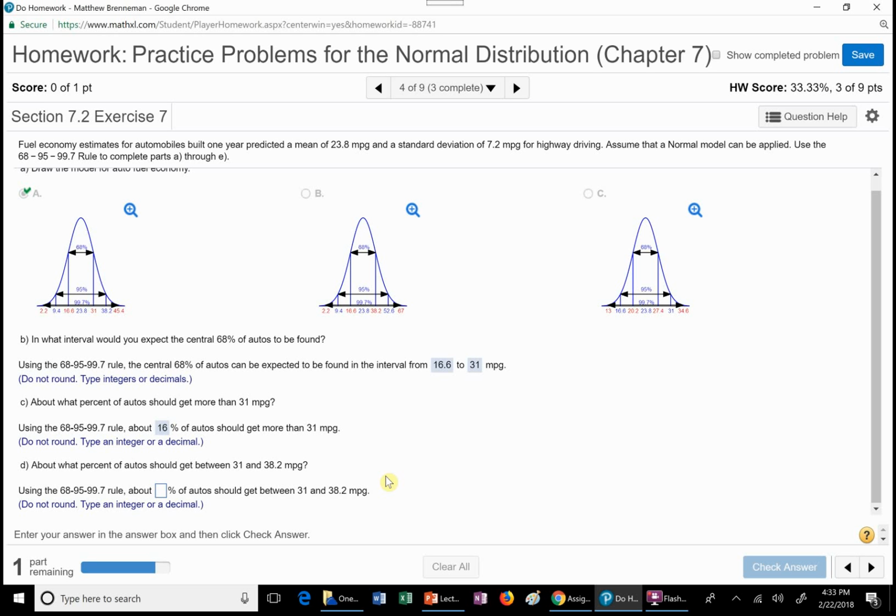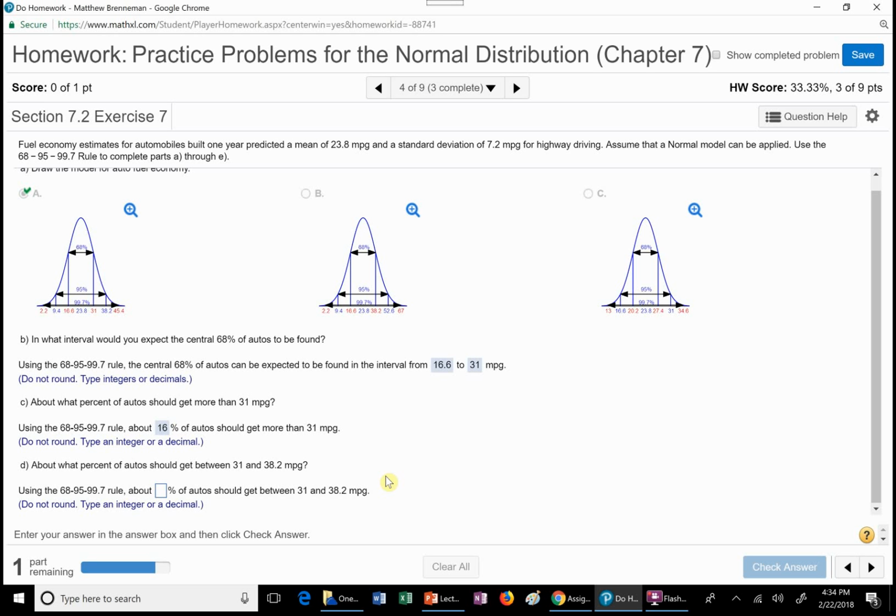Okay, so let's go a little bit further. Well, 1 standard deviation is 68%, right? So in here is 68%. If you take that, divide by 2, that'll give you 1 standard deviation for one side.